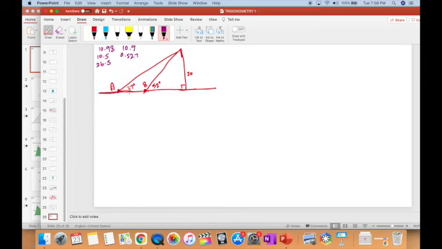What we could do is find this long side first, then find this short side after, and when we minus it, we will be left with AB. So that is what we're going to try to do.